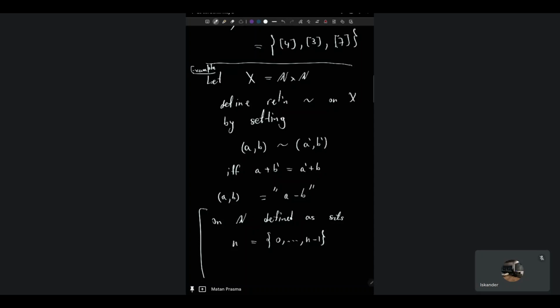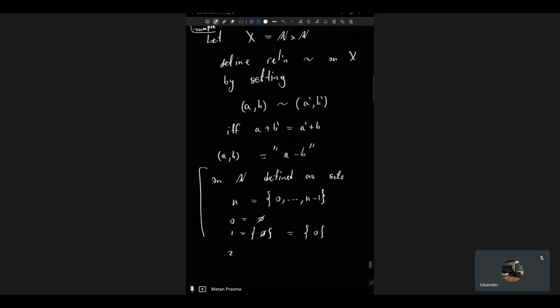You can see it like 0 is the empty set, 1 is the set containing the empty set, which is simply the set containing 0. And 2 is 1 union the set containing 1.